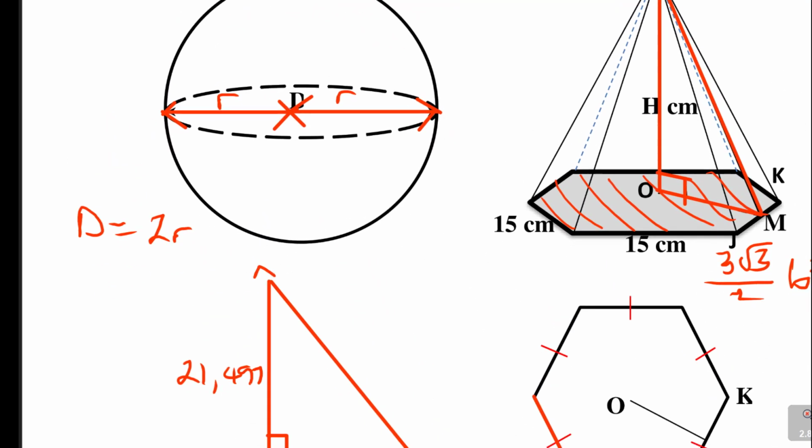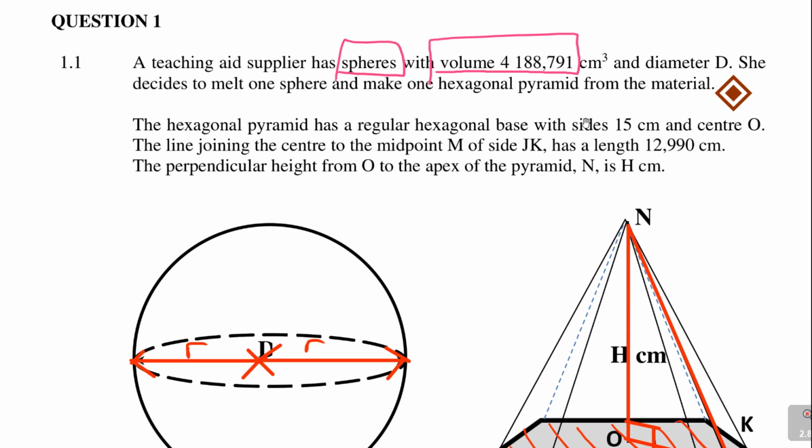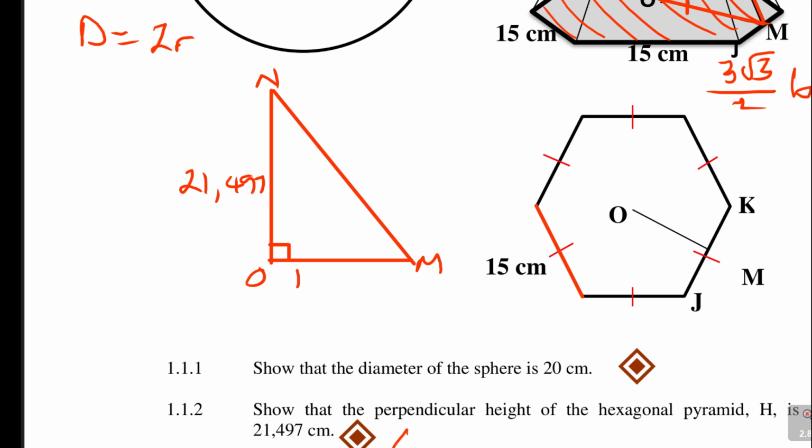So this is the N and this is the M, then this is the O. They also gave us the distance OM, the line joining the center to the midpoint M of side KA, which has a length of 12,990. So you can see that this is the theorem of Pythagoras that you have to use.